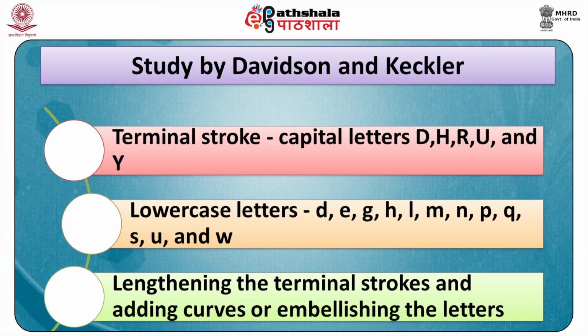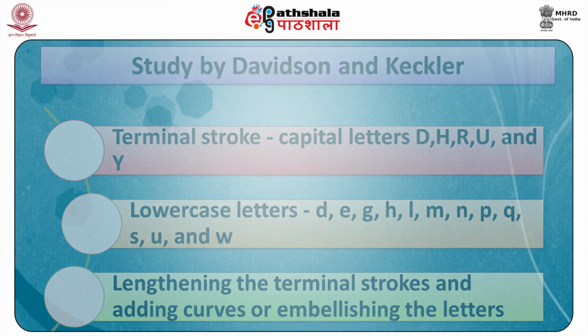The most commonly changed lowercase letters were letters D, E, G, H, L, M, N, P, Q, S, U, and W. Lengthening the terminal strokes and adding curves or embellishing the letters were the most common methods for changing the terminal strokes.